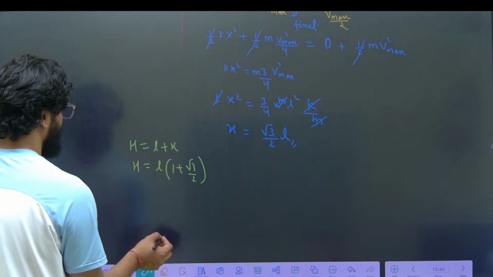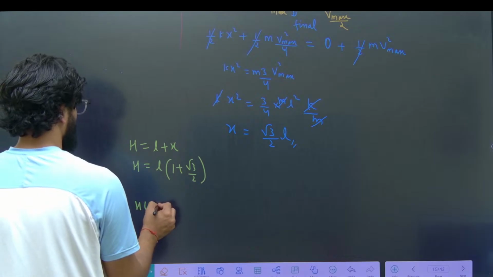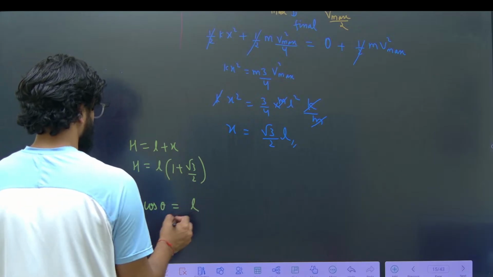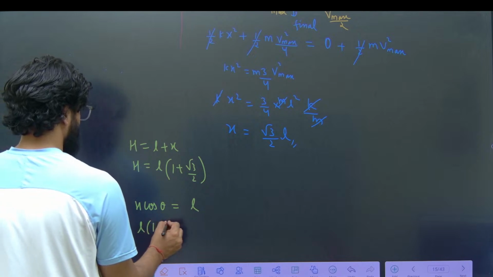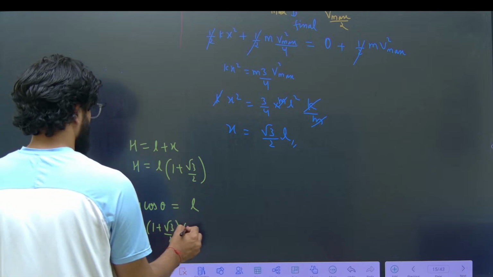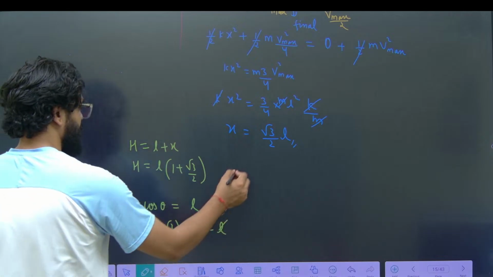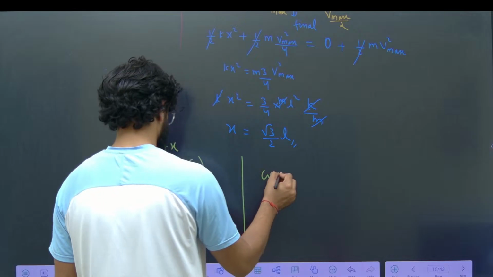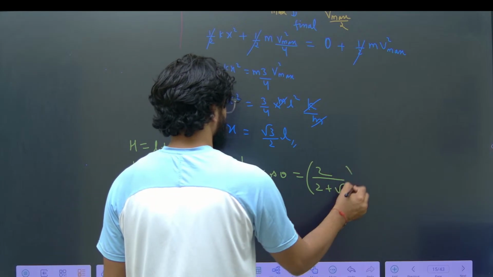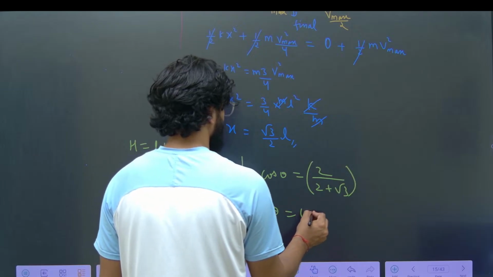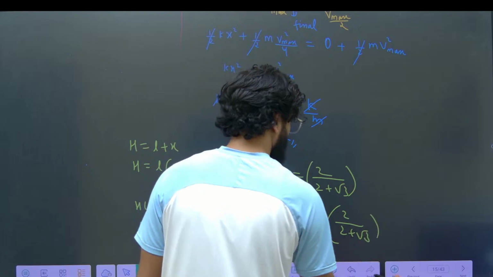Okay, and h cos theta equals L. So L into 1 plus root 3 by 2 cos theta equals L. L getting cancelled out. Cos theta is coming out as 2 upon 2 plus root 3, right? So theta is cos inverse 2 upon 2 plus root 3.